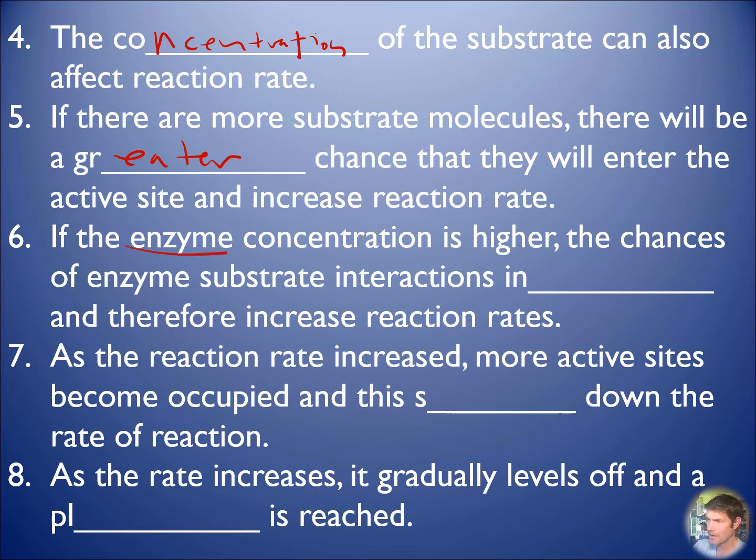Also, if the enzyme concentration is higher, you're going to have more interactions too. So if you have more substrate or more enzymes, you're going to have a higher reaction rate.